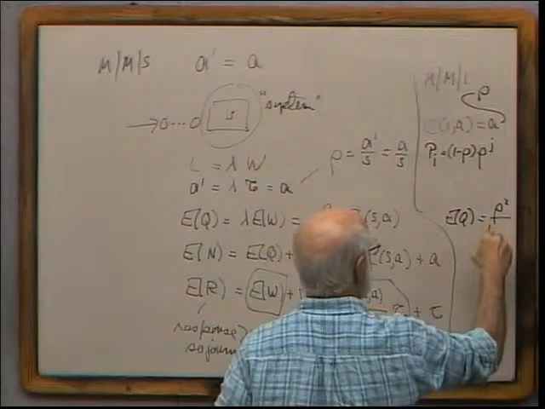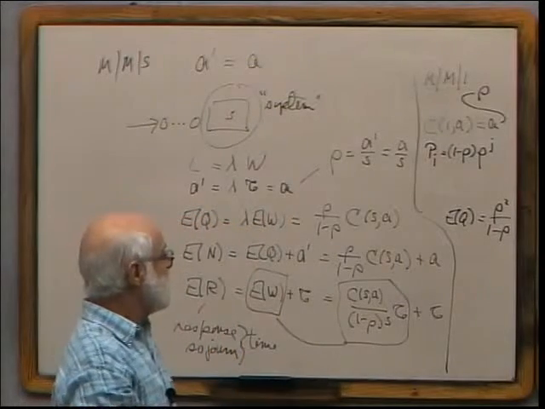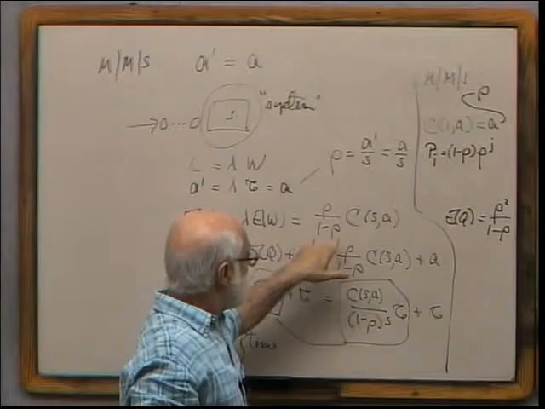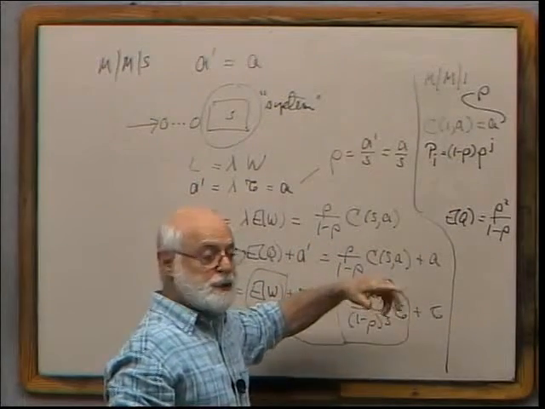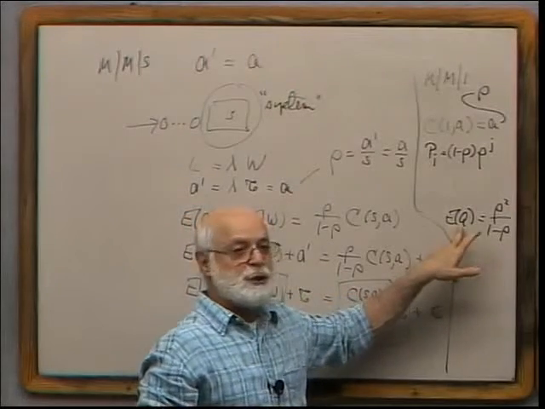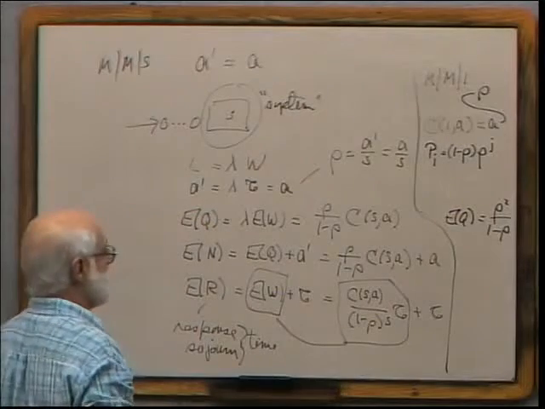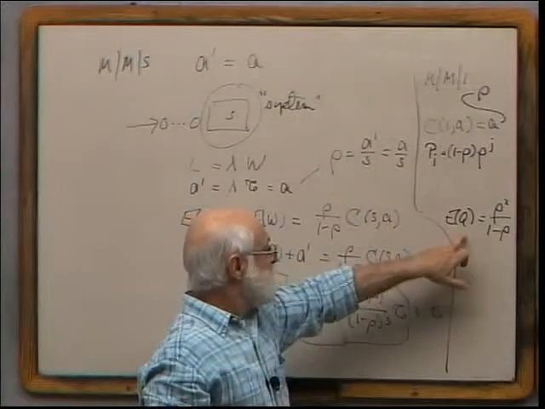Notice, just like the average waiting time, that the expected queue length has the 1 minus rho factor in the denominator, which means that as rho approaches 1, the average queue length goes to infinity, just what, of course, you already knew or expected. Of course, also, this result is independent of the order of service.